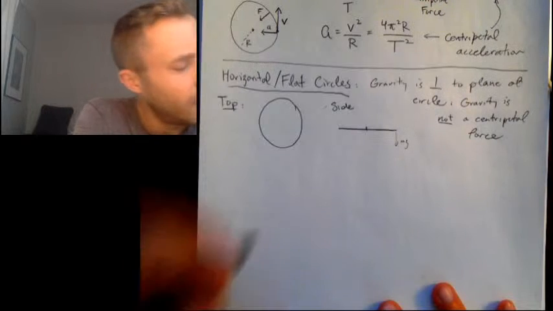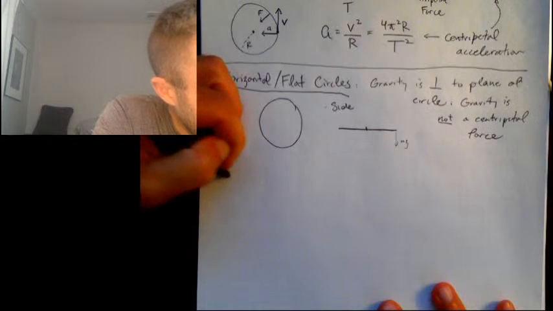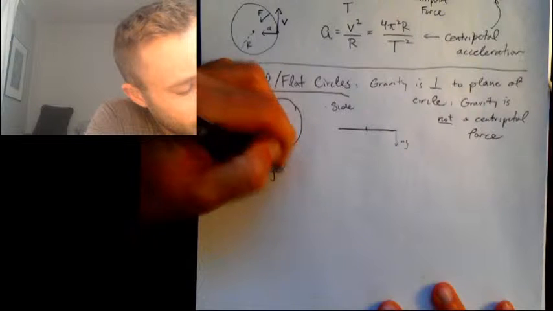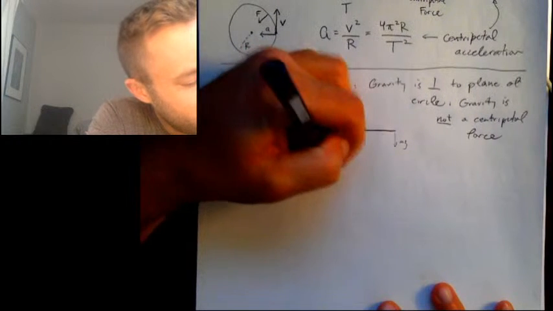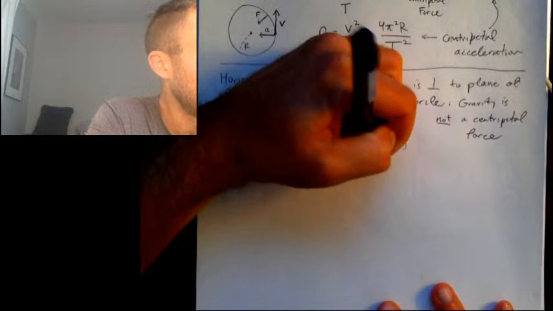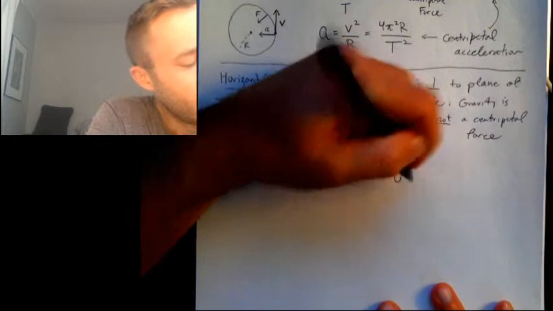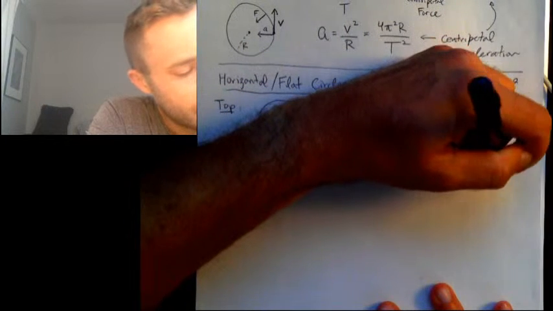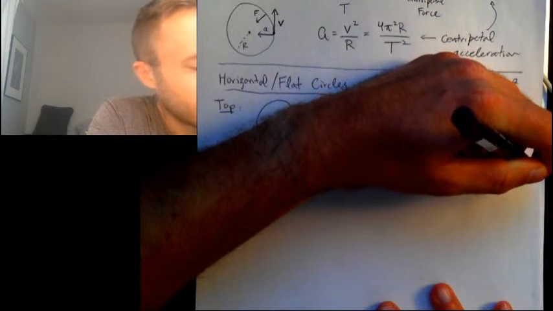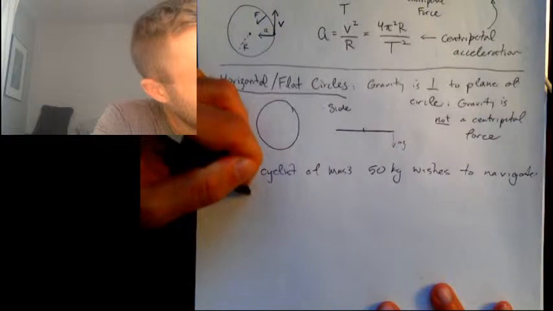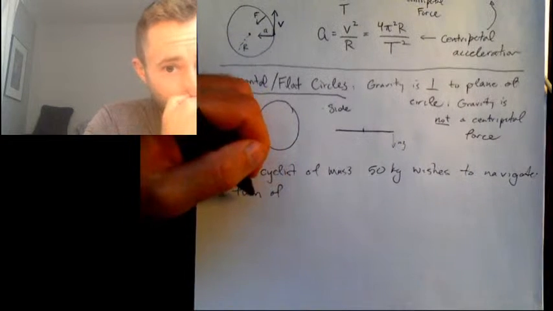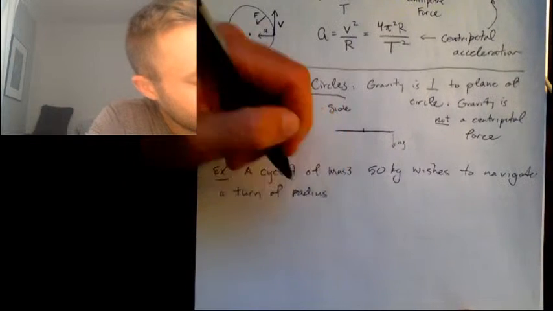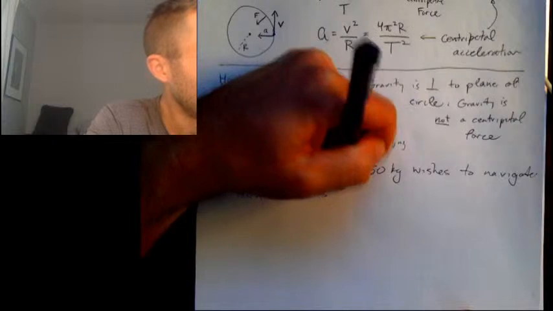All right, so we're just going to do some examples. Let's say that a cyclist of mass 50 kilograms wishes to navigate a turn of radius, let's say, 12 meters.